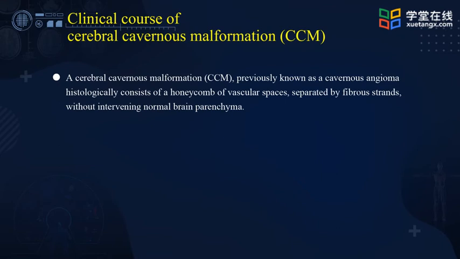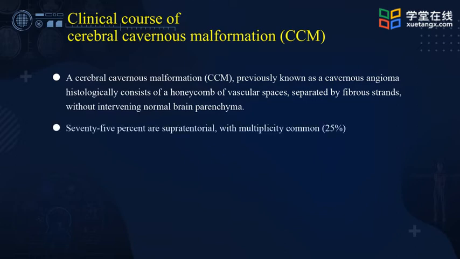A cerebral cavernous malformation, CCM, previously known as a cavernous angioma, histologically consists of a honeycomb of vascular spaces supplied by fibrous strands without intervening normal brain substance. 75% are supratentorial, with 25% multiple.